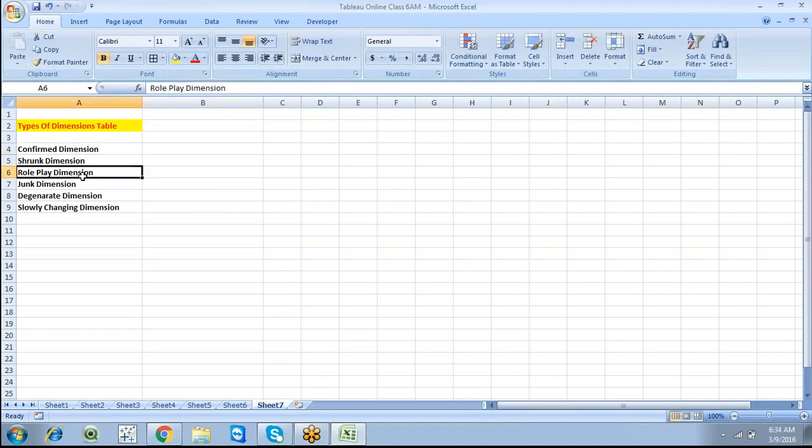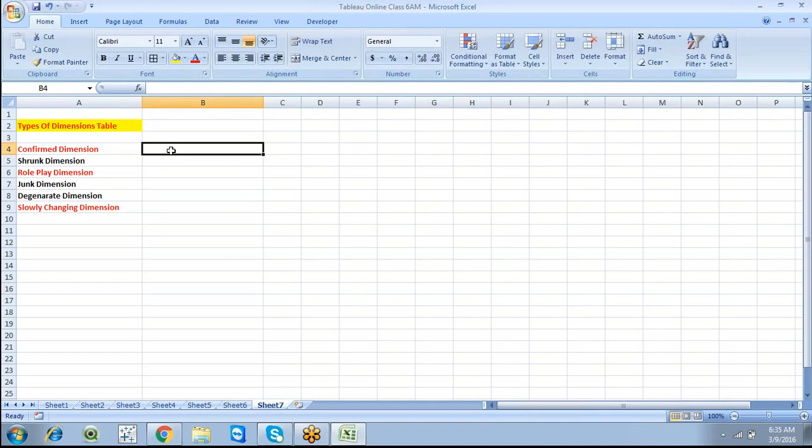Role-playing is normally discussed because sometimes in a project we have role-playing dimensions, which we have to avoid. And we have slowly changing dimensions. These three are very important. So what is meant by a conformed dimension?